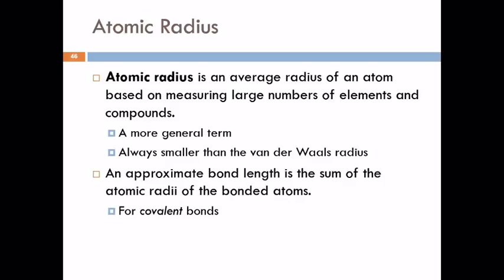When we just say atomic radius, this is a more general term, which combines things like the van der Waals radius and the bonding radius and averages them together, looking at measurements from a large number of elements and compounds.